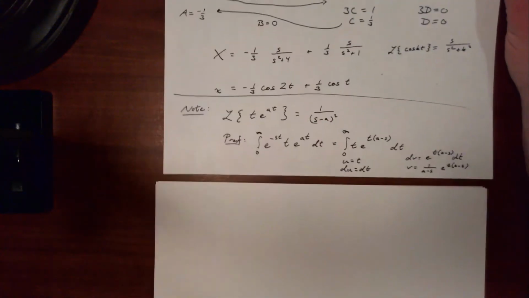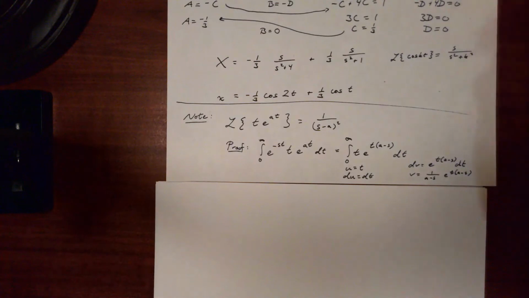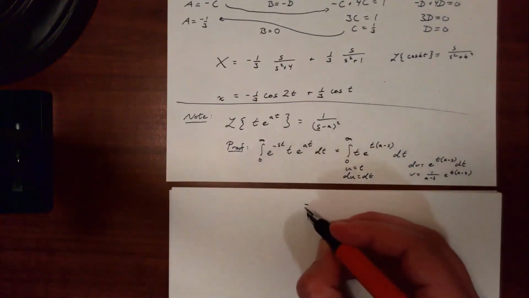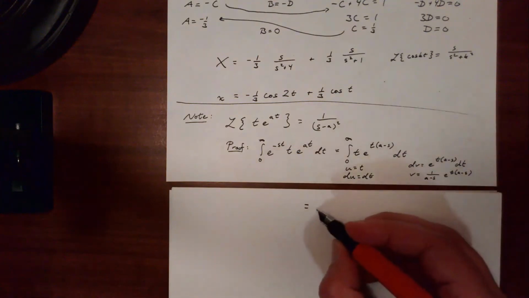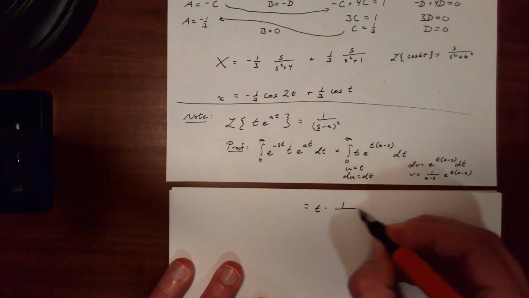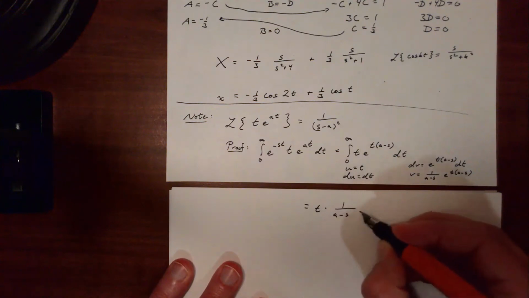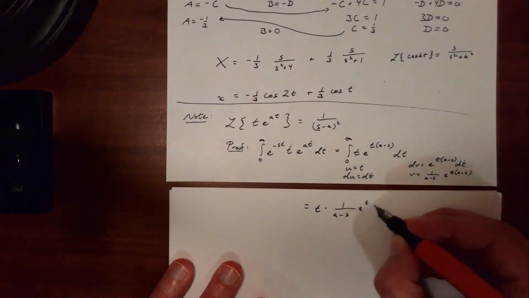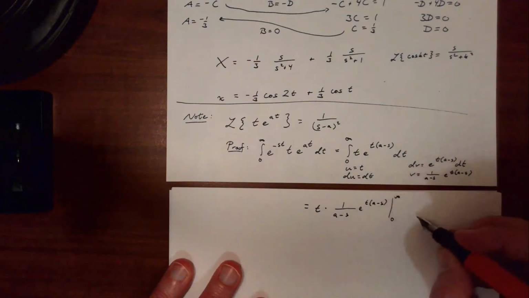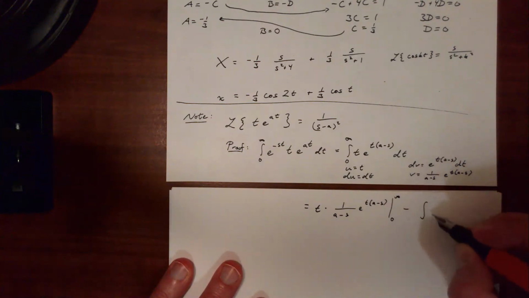And then in actual practice, this is going to end up being uv. That's going to be t times 1 over (a minus s) e to the t(a minus s) from 0 to infinity, minus the integral of v du.